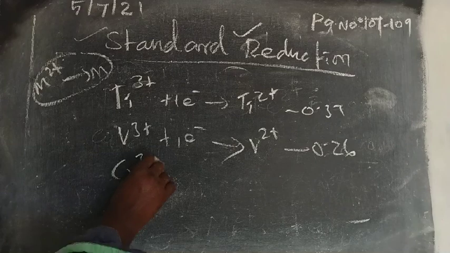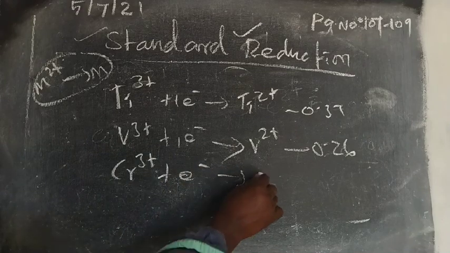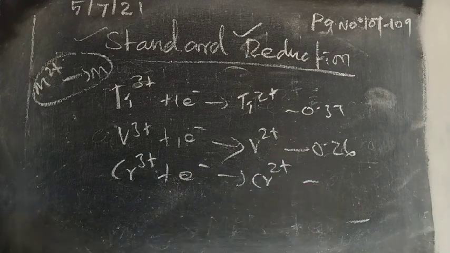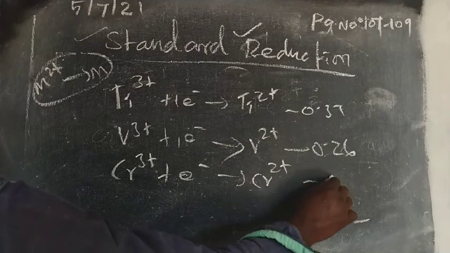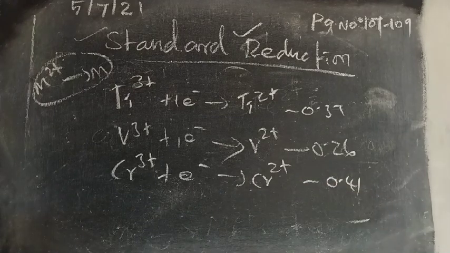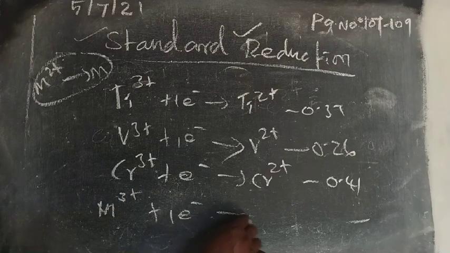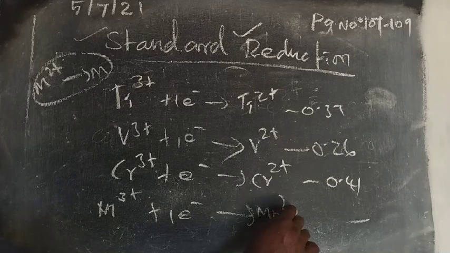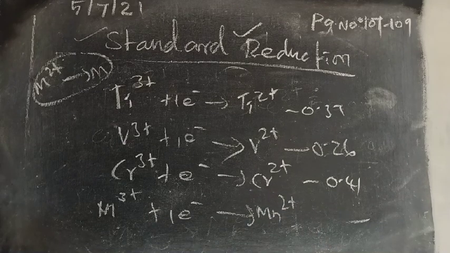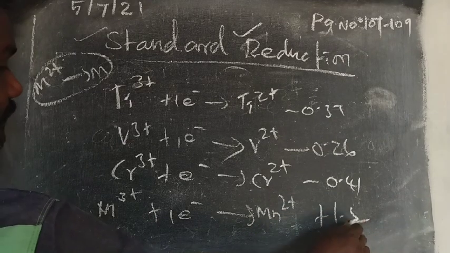Chromium 3 plus accepting 1 electron, chromium 2 plus, minus 0.41. Manganese, Mn3 plus accepting 1 electron and forming Mn2 plus, has a positive value of 1.51.